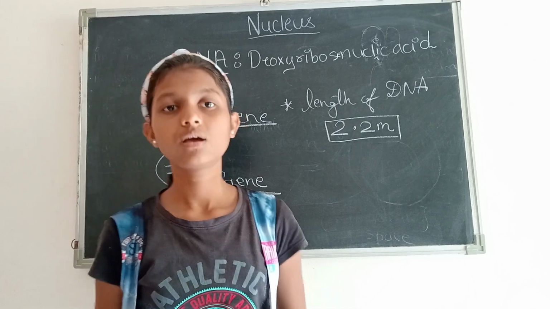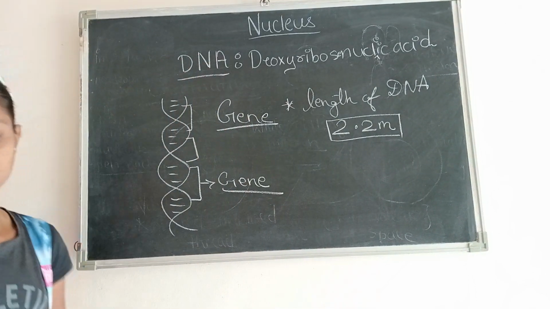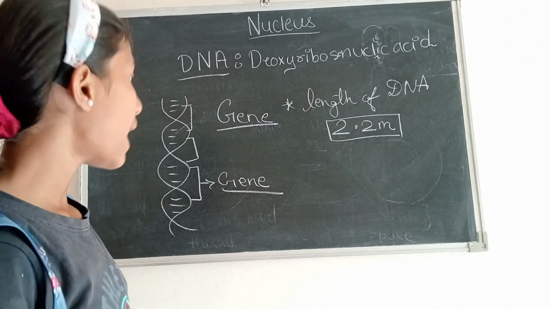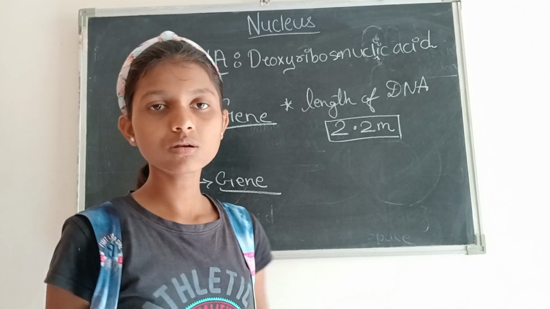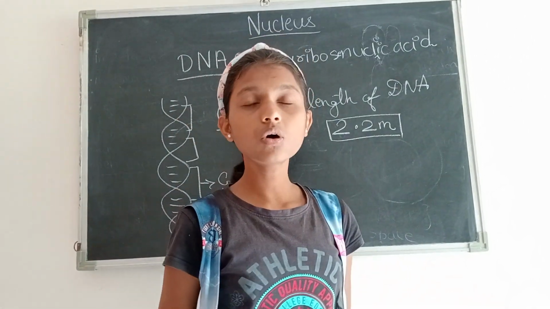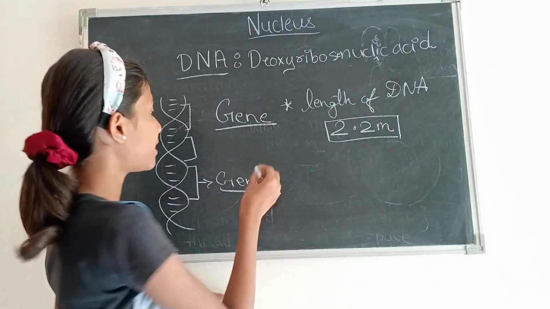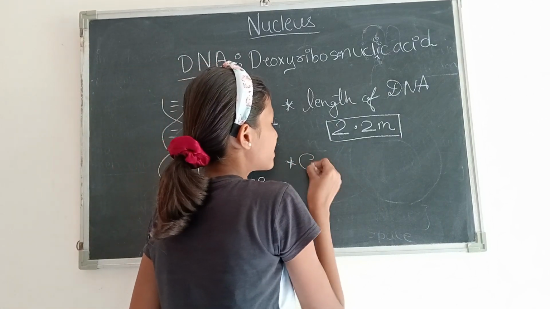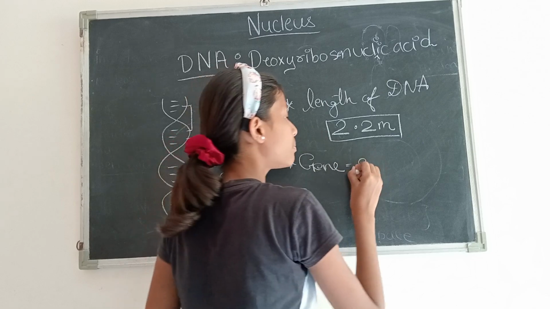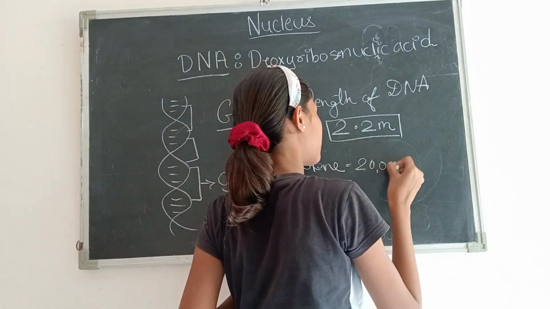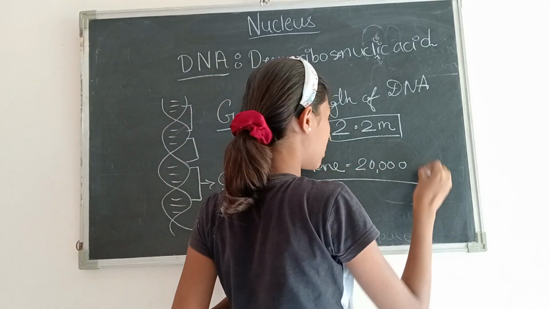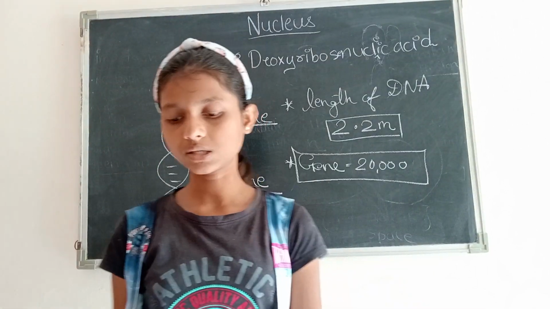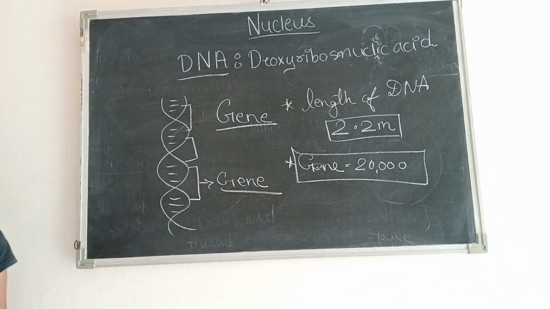Inside one cell, 2.2 meter DNA is found, and as 2.2 meter DNA is there, there are about 20,000 genes. Gene means 20,000 parts or segments inside a DNA.